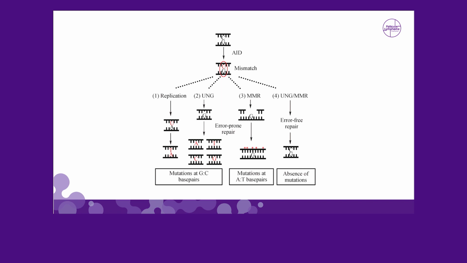Upon this deamination, there is mismatch between the U and the G, which activates a variety of repair enzymes, and the activity of these repair enzymes introduces all kinds of mutations, and this is the key for the somatic hypermutation. If these events affect the two strands of the DNA, there is breakage, which is part of the process of the class switch recombination.